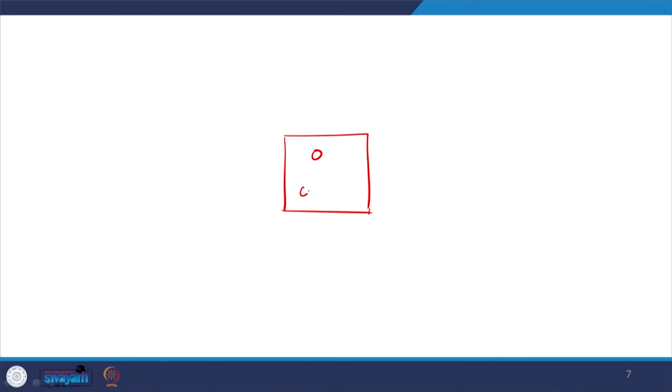That can be a cubic volume, and I am now drawing it in just 2D for the sake of illustration, and this contains some configuration of molecules. So what the periodic boundary condition actually employs is the assumption that the system will be containing many replicas of the box that I am simulating, and that fills the entire volume.